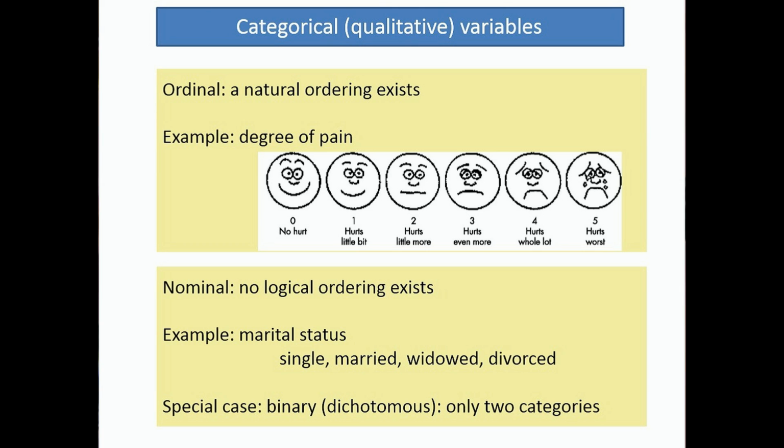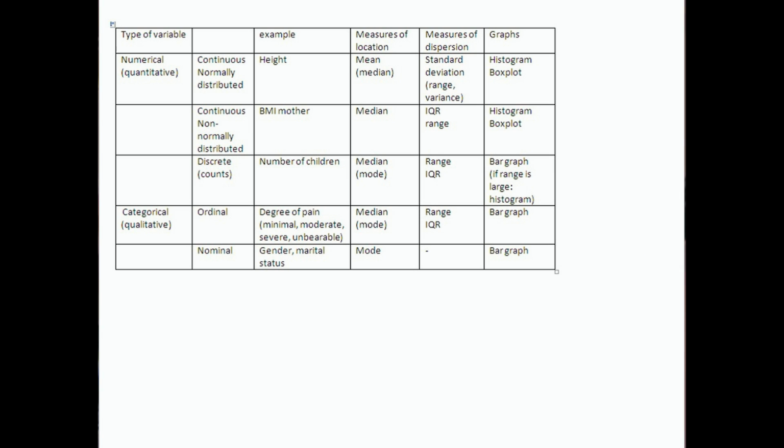Here we see an overview over the types of variables and the way we can describe them, either in a numerical way or graphically. If we have a continuous variable like height, we can show the distribution of the data in a histogram.